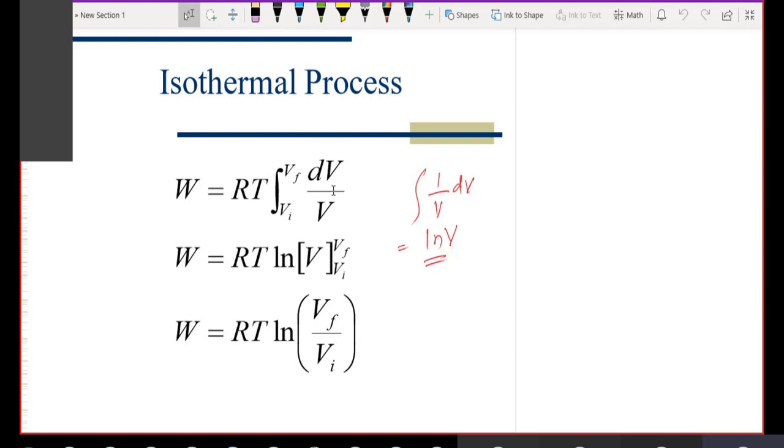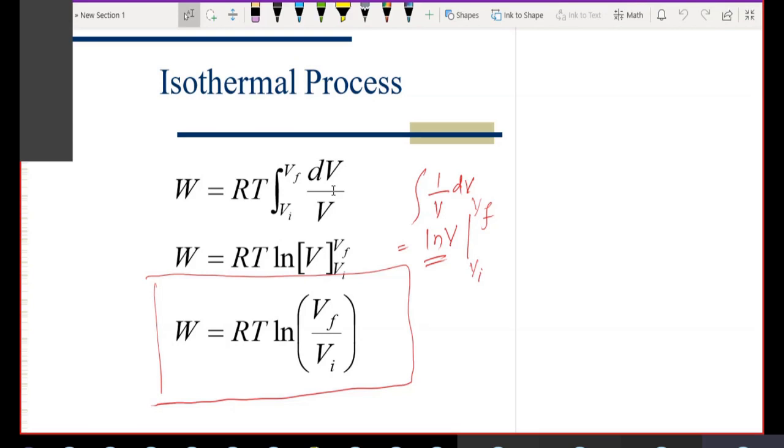And we just have to put limits inside this equation, and when we put limits, we get at the end of the day an equation that will look like this. So this is the work done for an isothermal process.